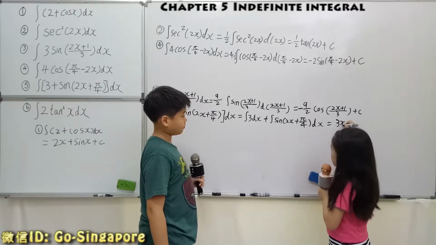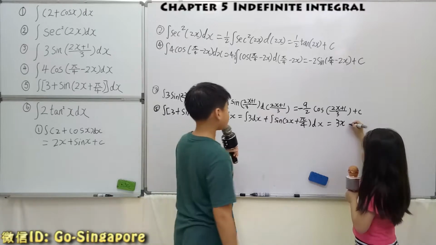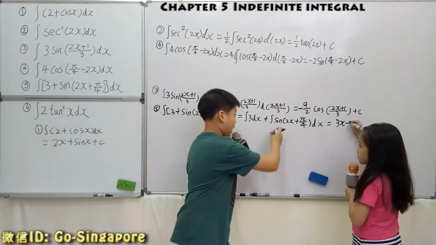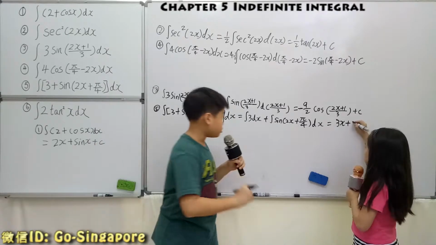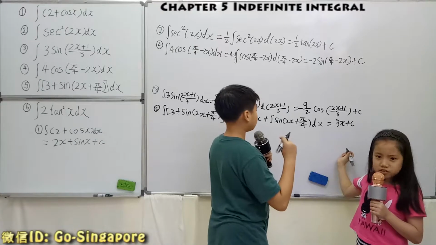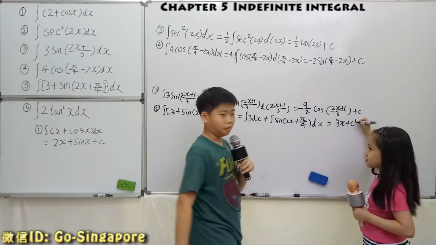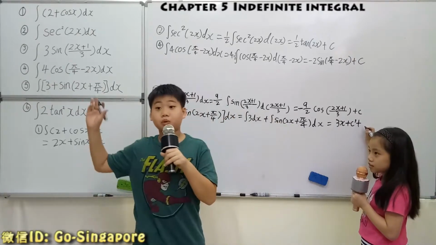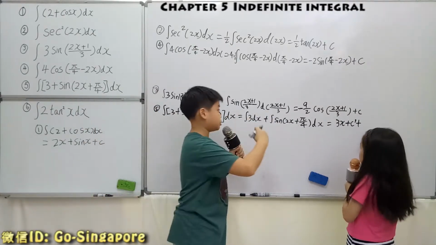Yes, correct. That is 3x that you need to plus, because sine comes from a cosine, and when you differentiate, don't forget your negative. And the arbitrary constant. But because that is not the actual one, you can put a c prime, and when it comes to the whole thing, you can just put it as c.